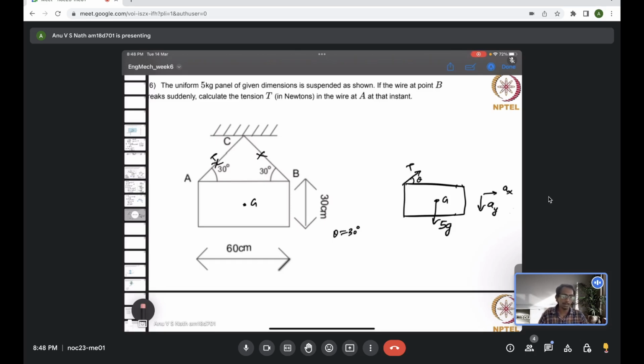When you cut one of the strings, the center of mass will not just move vertically down or horizontally, it will have an inclined motion, but along with that it will have a rotation as well. Intuitively it is going to rotate in the clockwise direction. I will represent alpha in that direction, and you also know the string AC is going to rotate with an angular acceleration, let's say beta, and that will be counterclockwise intuitively.